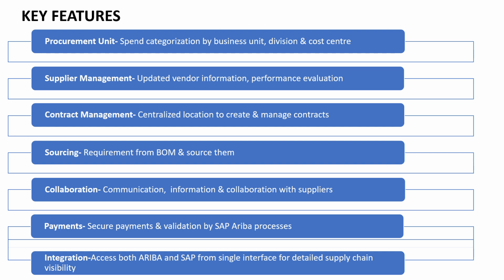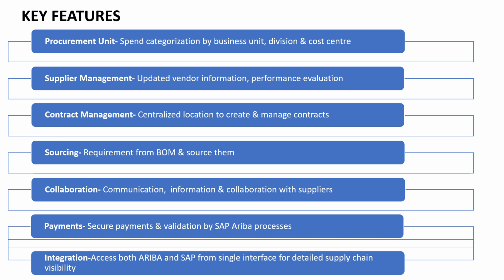The next feature is sourcing. Use Ariba sourcing to receive requirements from an exploded BOM, meaning bill of material, and source them. And then collaboration. In collaboration, it communicates, shares information, and collaborates on projects with suppliers.